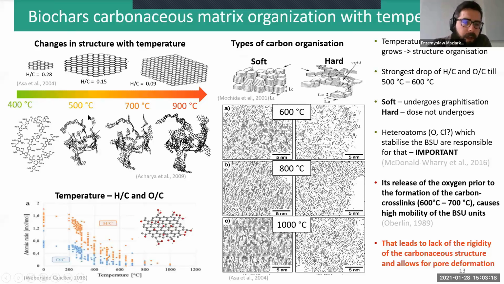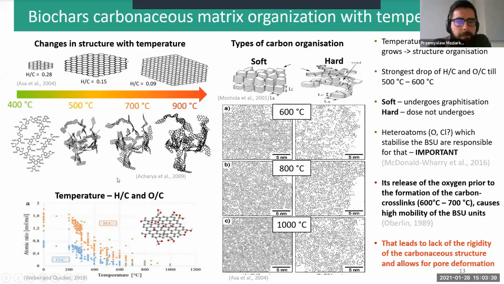So actually the structure looks more like that on the bottom. There is interconnection between the BSE units, and there is also stabilization. There are long range interactions between the BSE units within the carbonaceous matrix.